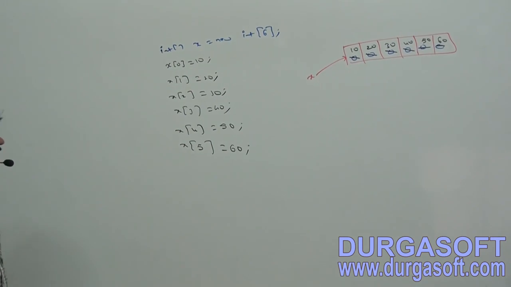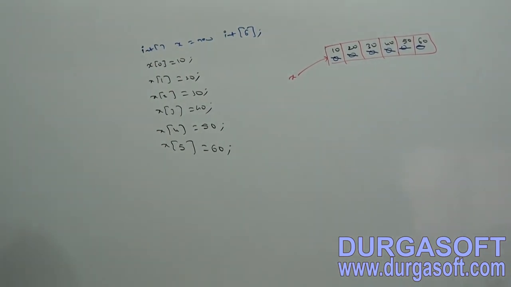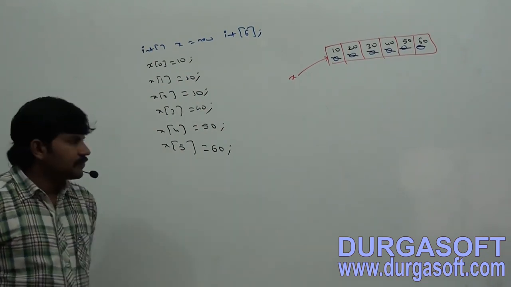Int array x is equal to new int array of 6. Next, x of 0 is equal to 10. X of 1 is equal to 20. X of 2 is equal to 30.